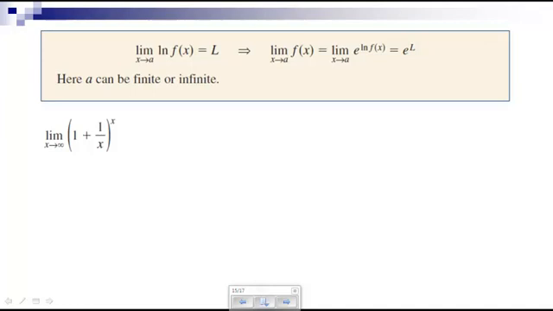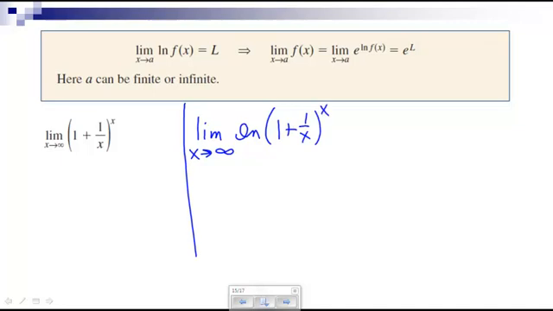Now, what can we do about this? Well, we're going to take the natural log of it. We're going to do some side work. The limit as x approaches infinity of the natural log of 1 plus 1 over x to the x.